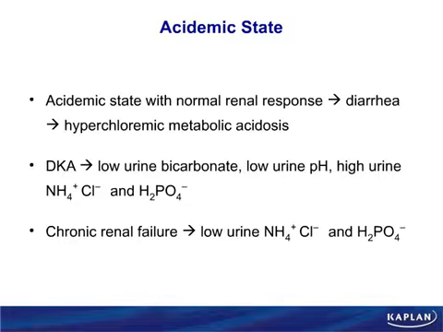Now, in renal failure, the kidneys are not functioning, and you have lost the ability to excrete acid. So in renal failure, you should see low urine ammonium levels and low urine phosphate levels, because the kidneys have failed and they're no longer doing their job.